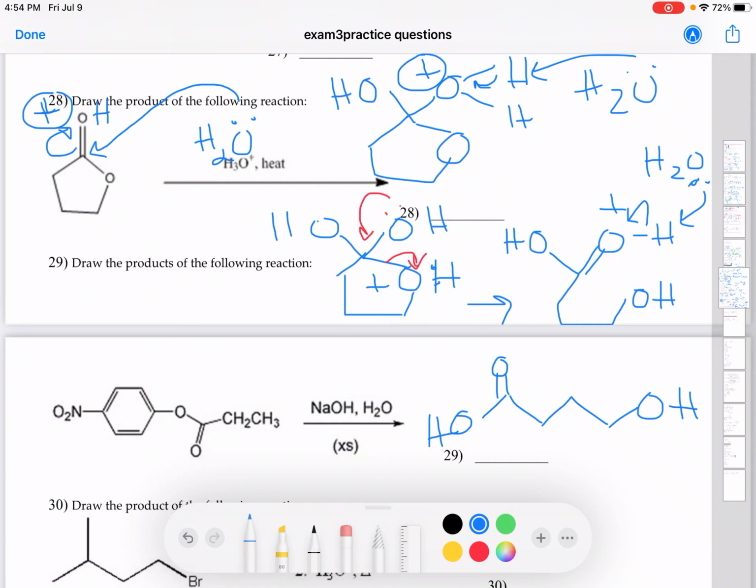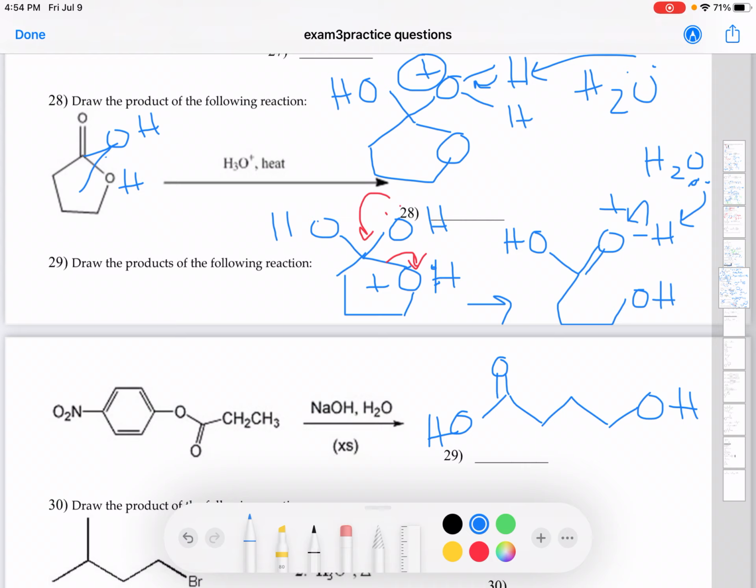It's the ring opening of a cyclic ester in the presence of acidic medium. Okay, basically in a nutshell what happened in this process, because it's an ester, it's an ester hydrolysis. You break this bond and you give hydrogen to this side and OH to this side, carboxylic acid and OH.